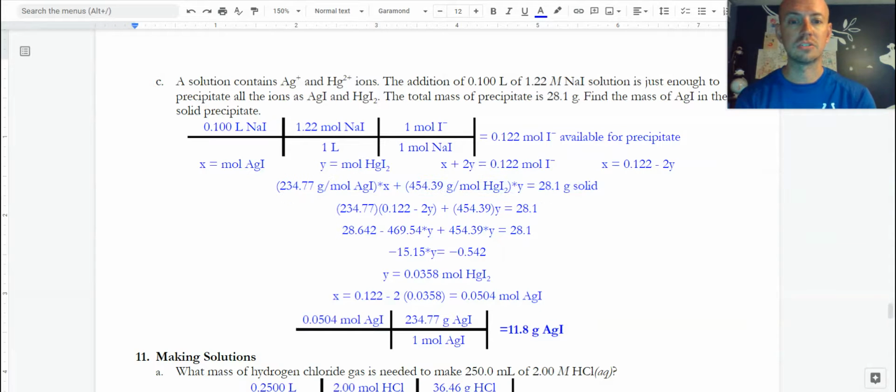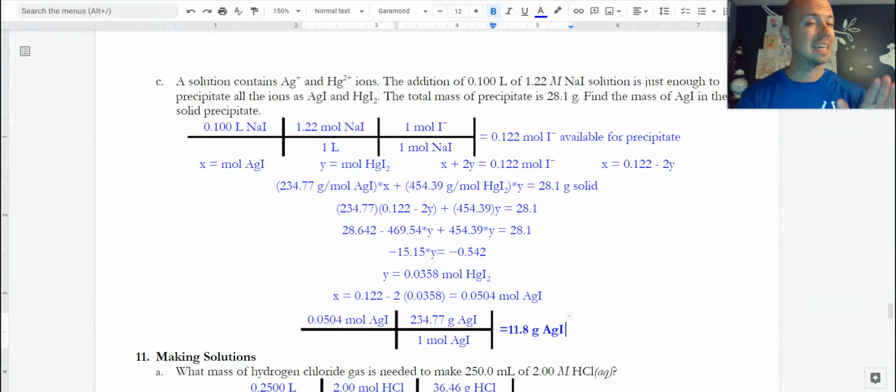Putting those together, solve for the moles of mercury iodide, solve for the moles of silver iodide, and with the molar mass, solve for the grams of silver iodide. So a lot going on in that problem, but the keys are the moles, and then recognizing that mole ratios do lead to mass ratios by making the connections.